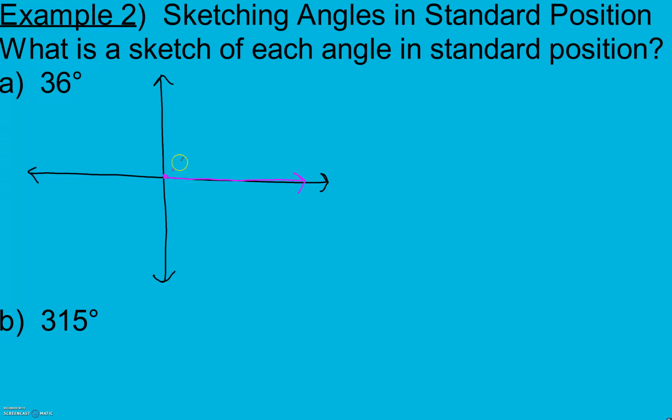Remember, halfway is 45 degrees. We don't even want that much, and it's positive, so we go up. So mine's going to go something kind of like this. And then I draw in the arrow to show my direction. And I'm going to say that's about 36 degrees.